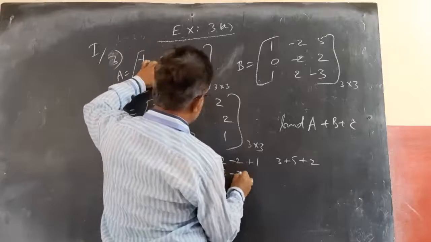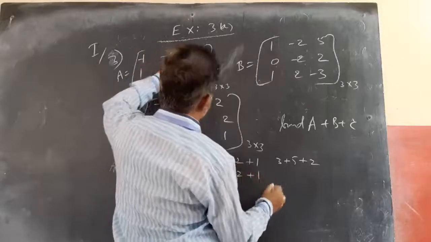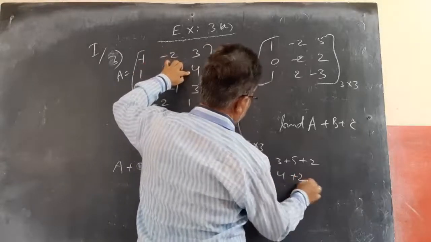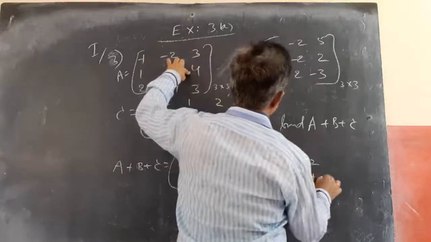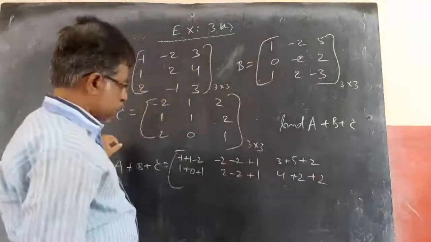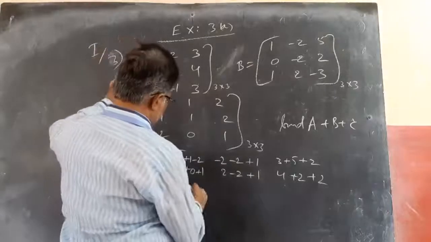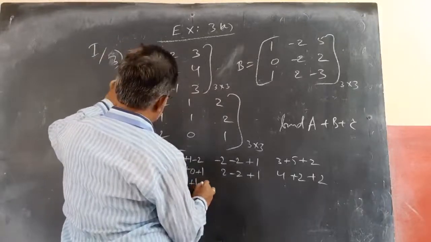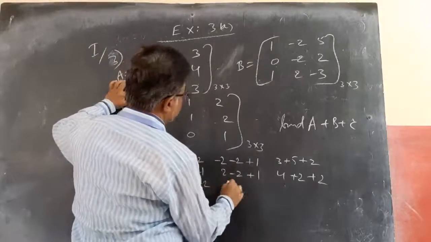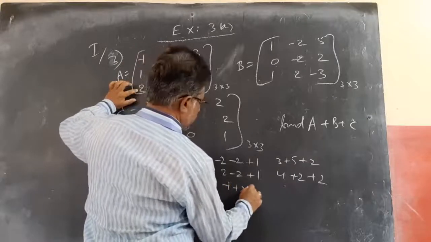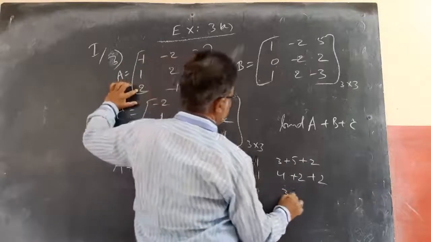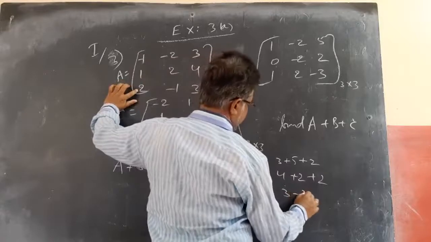2 minus 2 plus 1. 4 plus 2 plus 2. Next 2 plus 1 plus 2. Minus 1 plus 2 plus 0. 3 minus 3 plus 1.